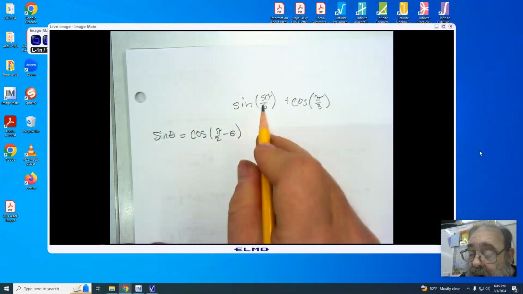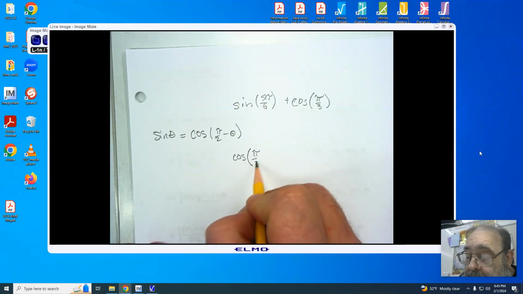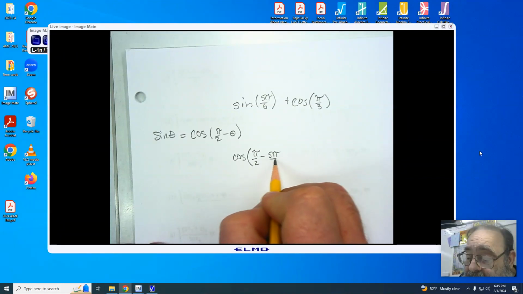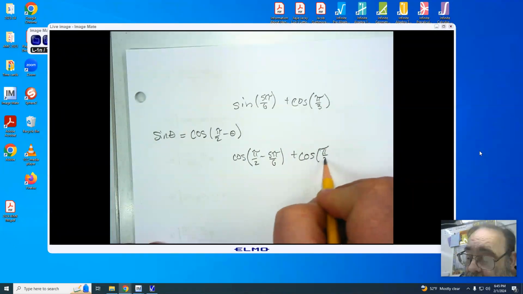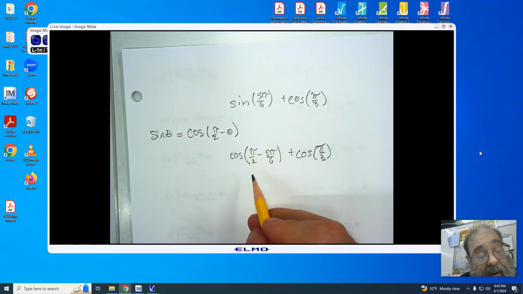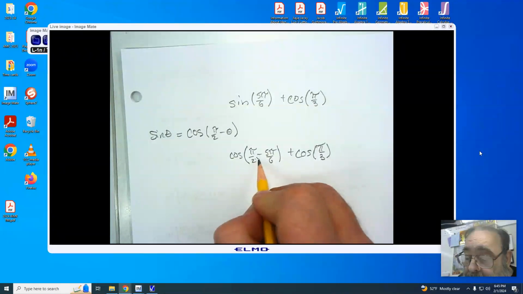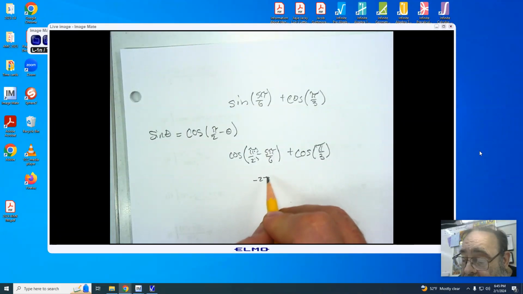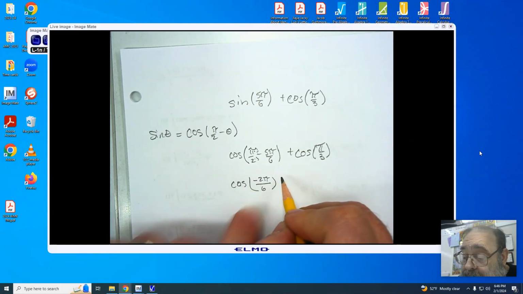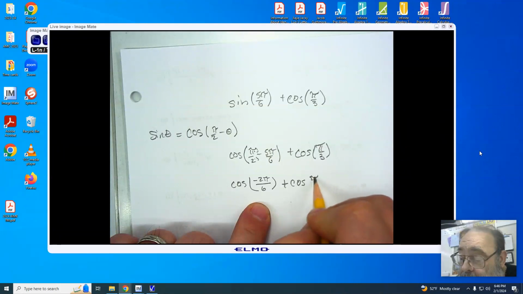If I use this identity, I'm going to have the cosine of pi over 2 minus 5 pi over 6 plus the cosine of pi over 3. Multiplying by 3 over 3, I have 3 pi minus 5 pi, which is minus 2 pi, divided by 6, so the cosine of negative 2 pi over 6 plus the cosine of pi over 3.